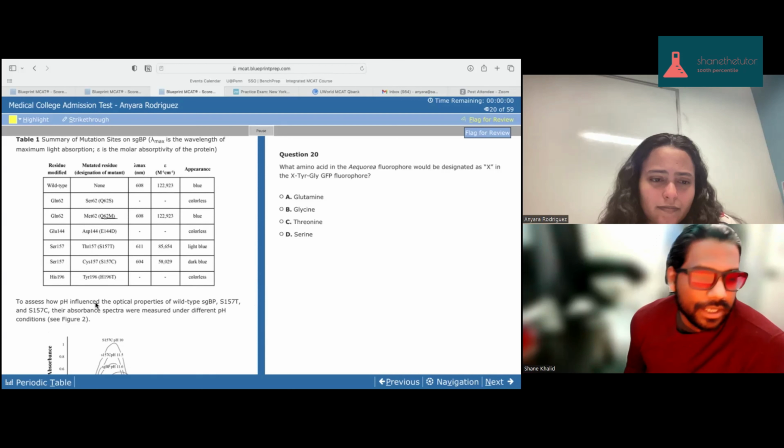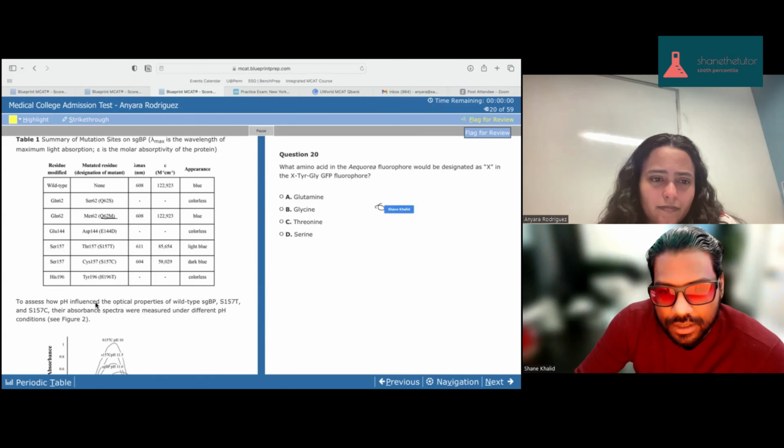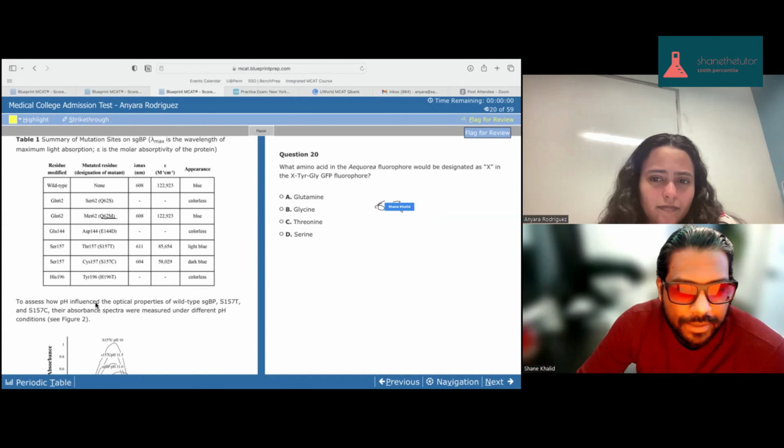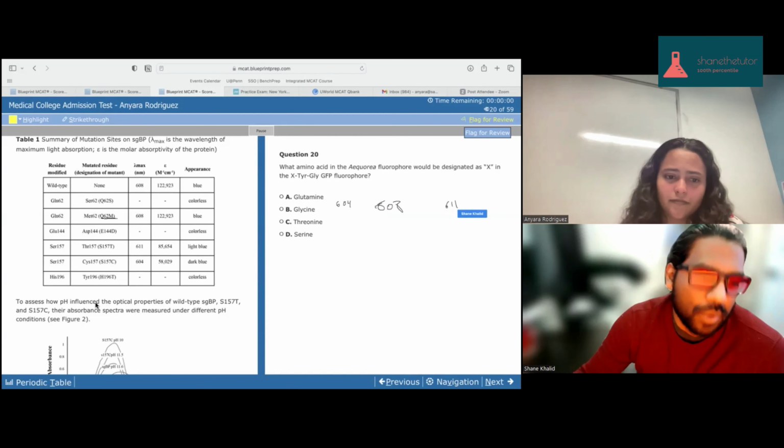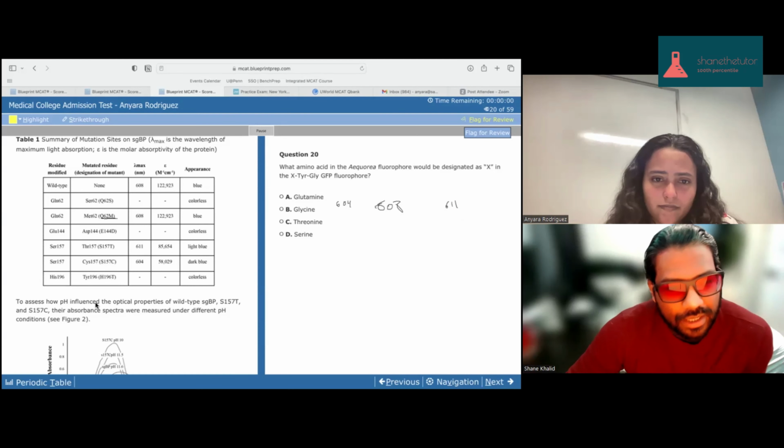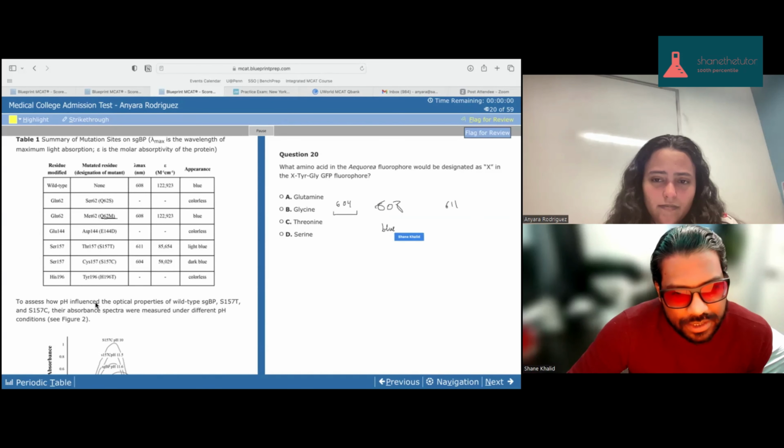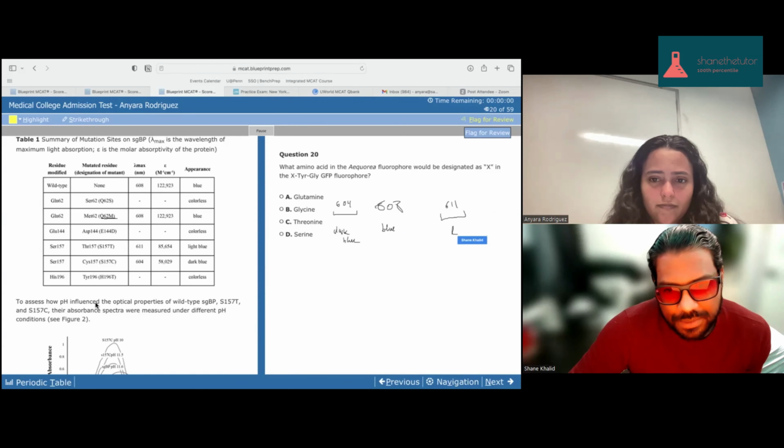And this time, it seems like the 608 wavelength, if we have 604, which is below it, and 611, we're also changing the molar absorptivity, but it seems like if we get some value below the 608, it's a dark blue, and if it's above, it seems to be a light blue.